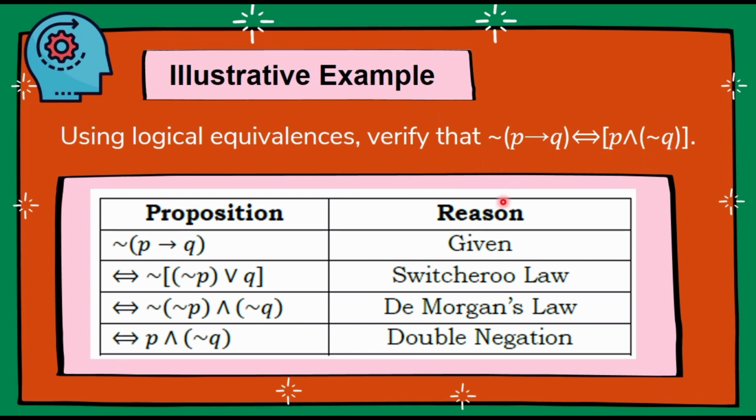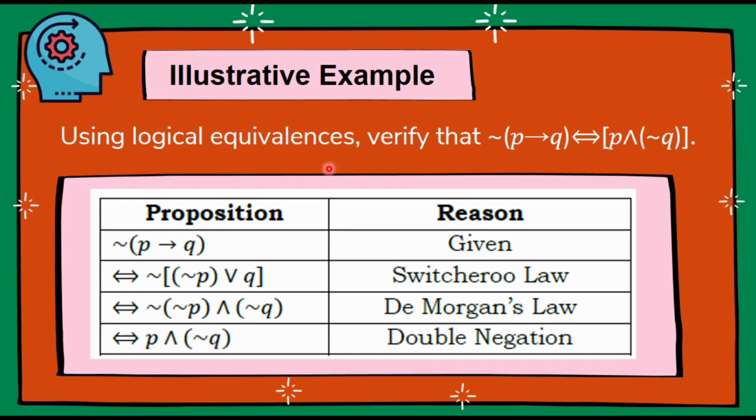Given negation of P implies Q, it is logically equivalent to negation of P or Q, which is Switcheroo law, logically equivalent to negation of P and negation of Q, De Morgan's law, logically equivalent to P and negation of Q, double negation law.